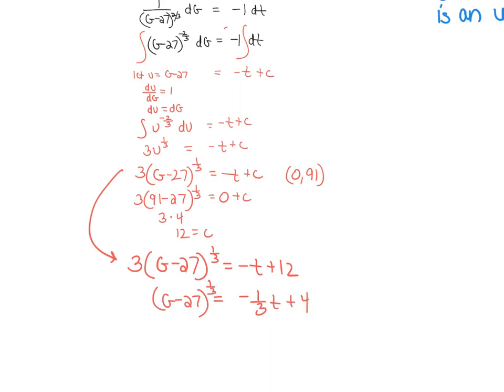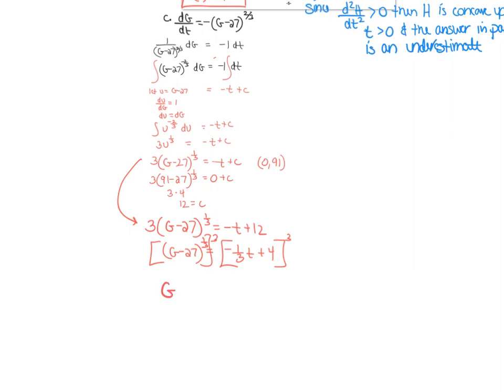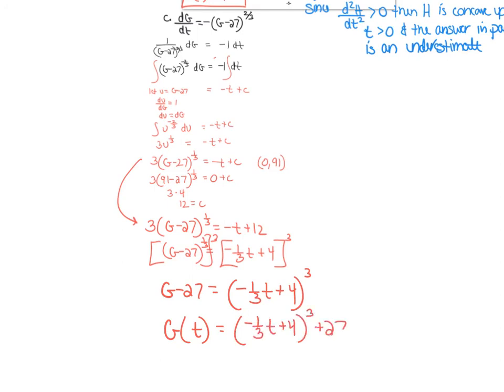And to undo the cube root, I'm going to cube both sides, which gives me G minus 27 equals (-1/3 t plus 4) cubed. And then I'm going to add 27. So my function G that satisfies the initial condition will equal (-1/3 t plus 4) cubed plus 27.